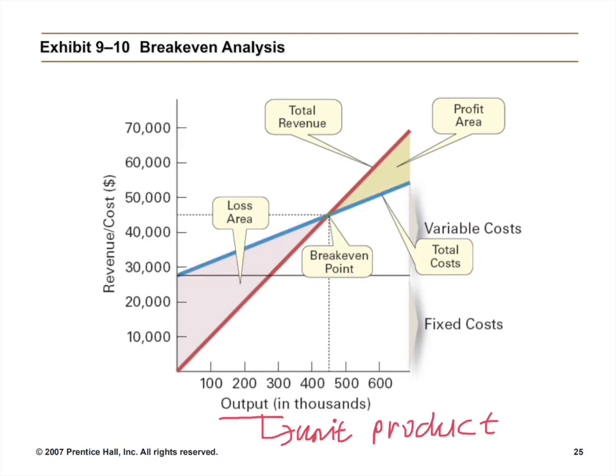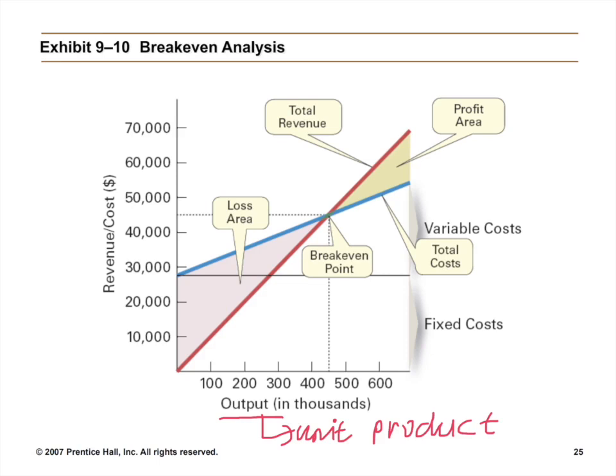That is the fixed cost, that is the variable cost. So that is the total cost. When total cost can be recovered by unit profit, that is the break-even point. So this is the profit area, and this is the loss area.